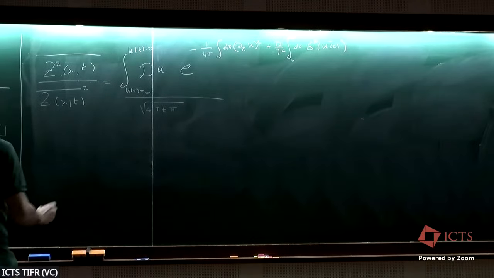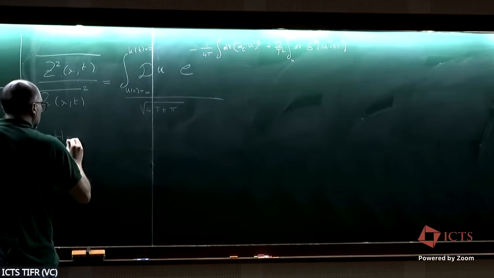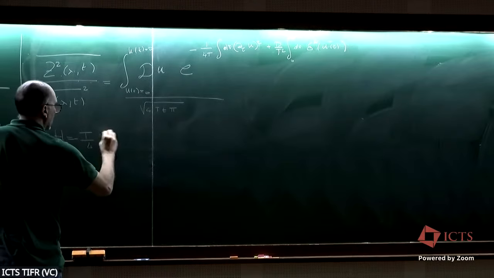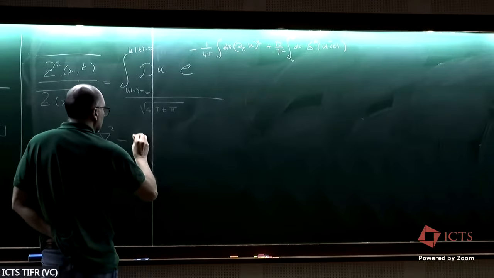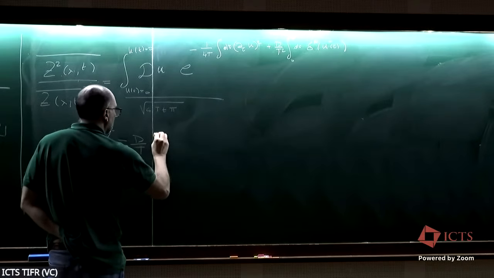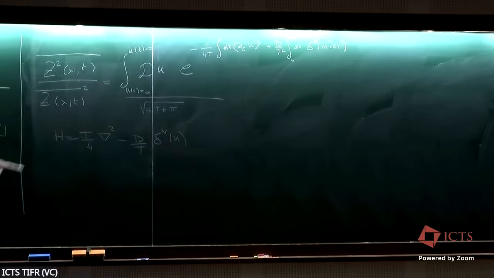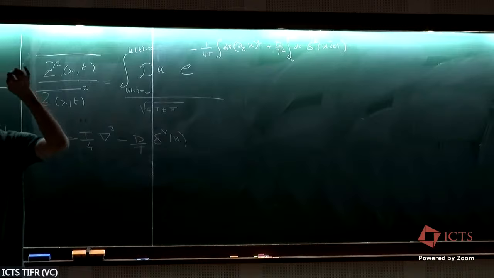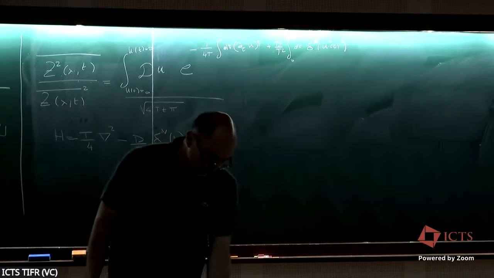Okay, now the Hamiltonian of this object is minus t by 4 Laplacian, and then we have minus dt square delta n of u. Okay, this is the Hamiltonian of my quantum particle. This is the kinetic term. This interaction term is a single particle of quantum mechanics in one dimension.